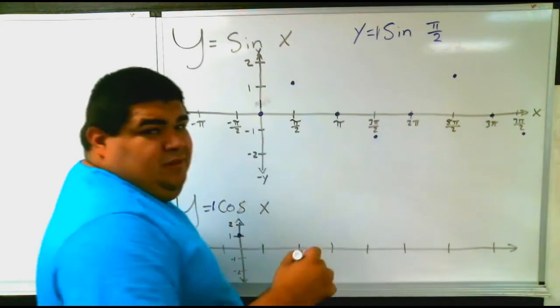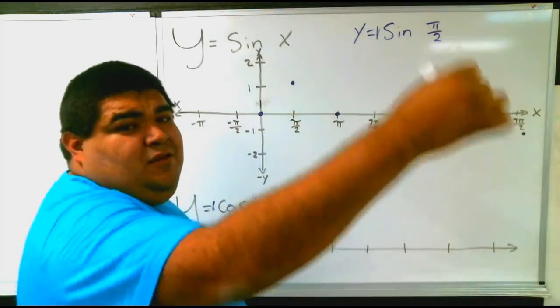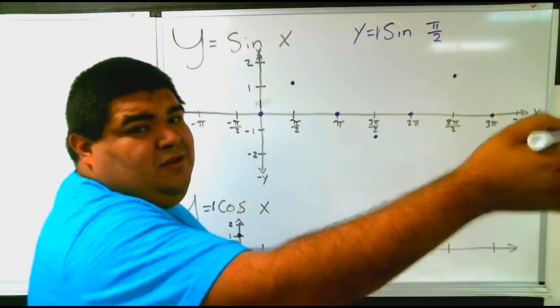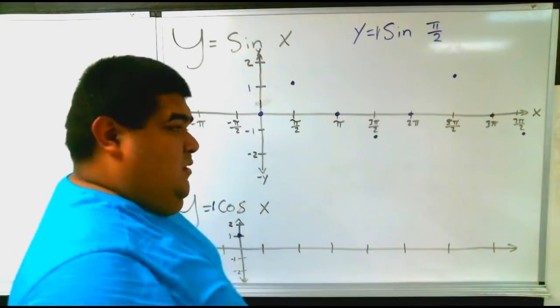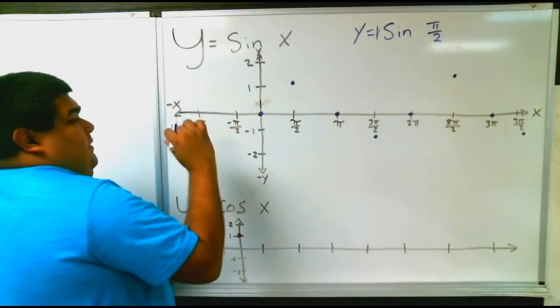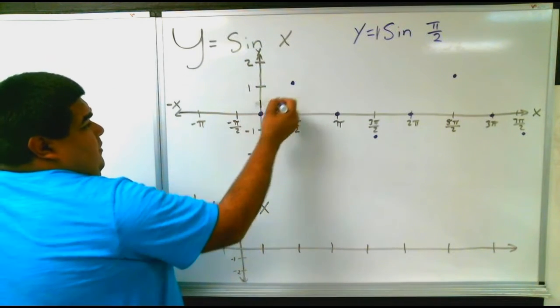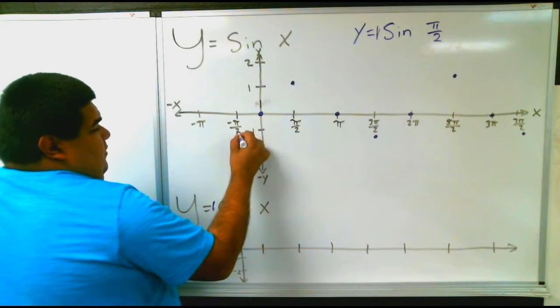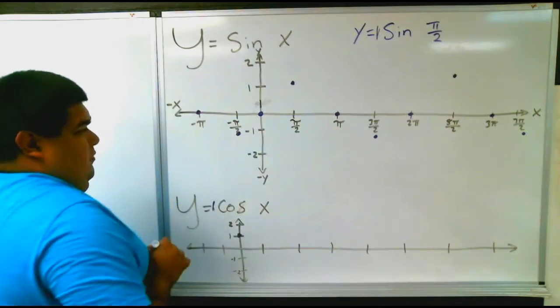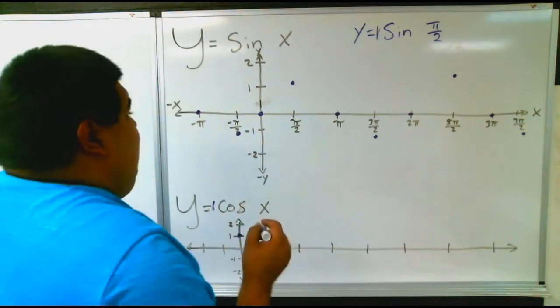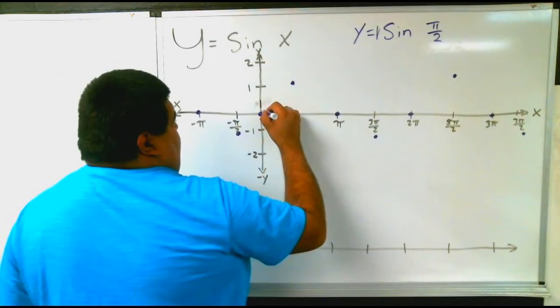And if we were to continue this pattern, it would be back to center, then up, then center, then down, then center, then up, then center, and so on. Okay? The same thing when you do the negative numbers. Since you started on the negative and you went up, the opposite here, you're gonna go down and then back to the original. Okay? So our line is gonna look something like this.